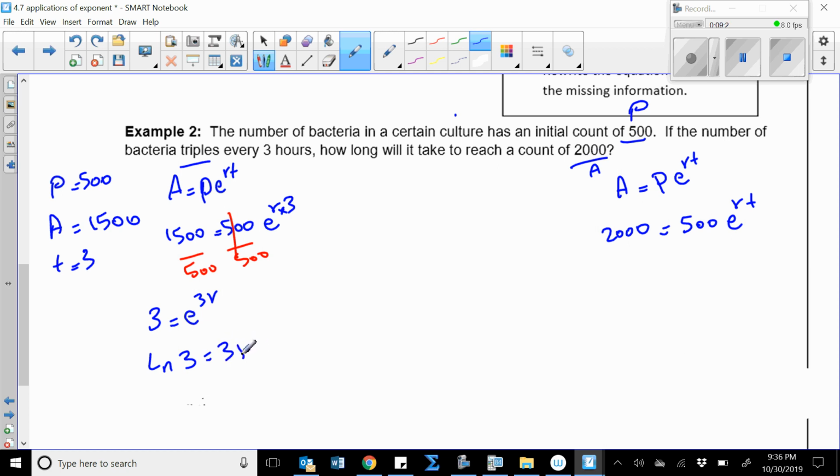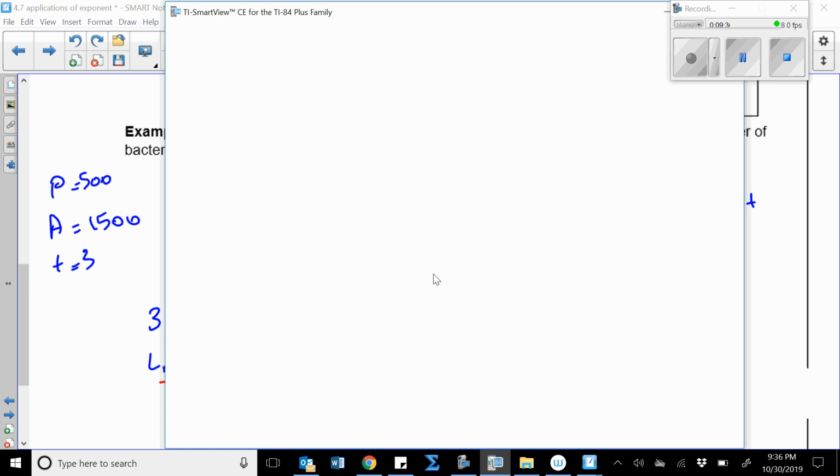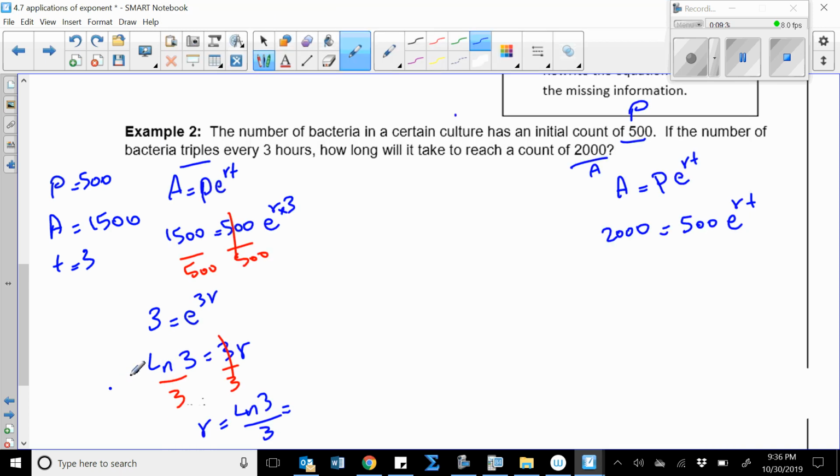Natural log of 3 will be 3r. Then divide by 3. So r will be natural log of 3 divided by 3. And natural log of 3 divided by 3 will be 0.366. Now I'm going to use that here.